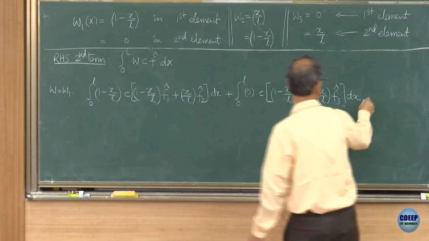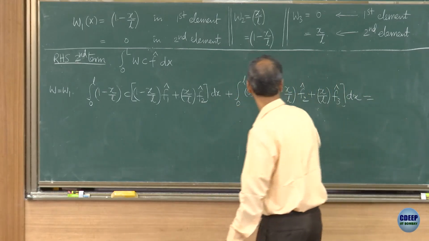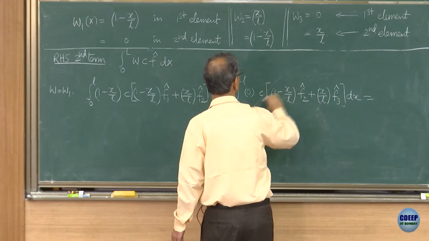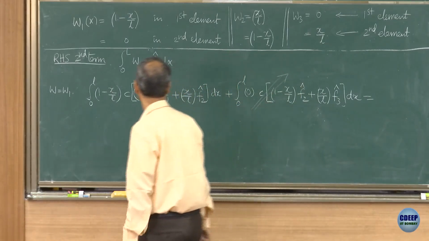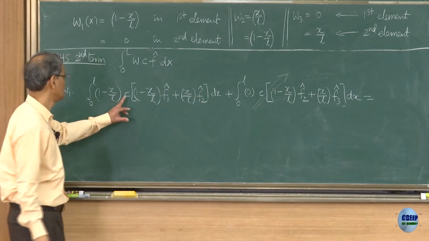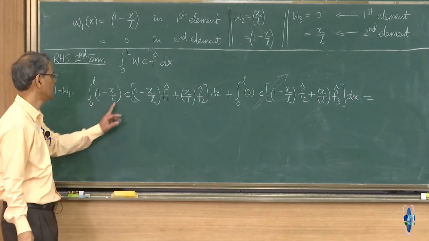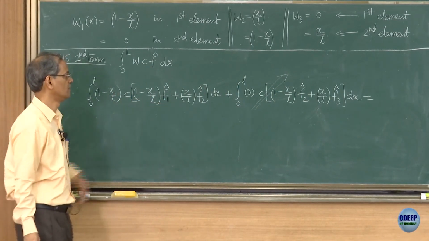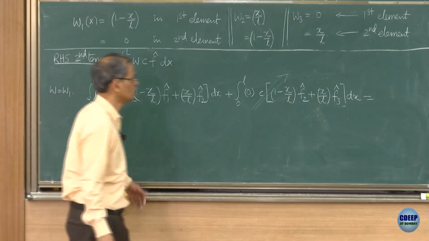Now you can give me what is the result. The second integral will go anyway because this is 0. So C times 1 minus x by L into 1 minus x by L dx. So that's how much?